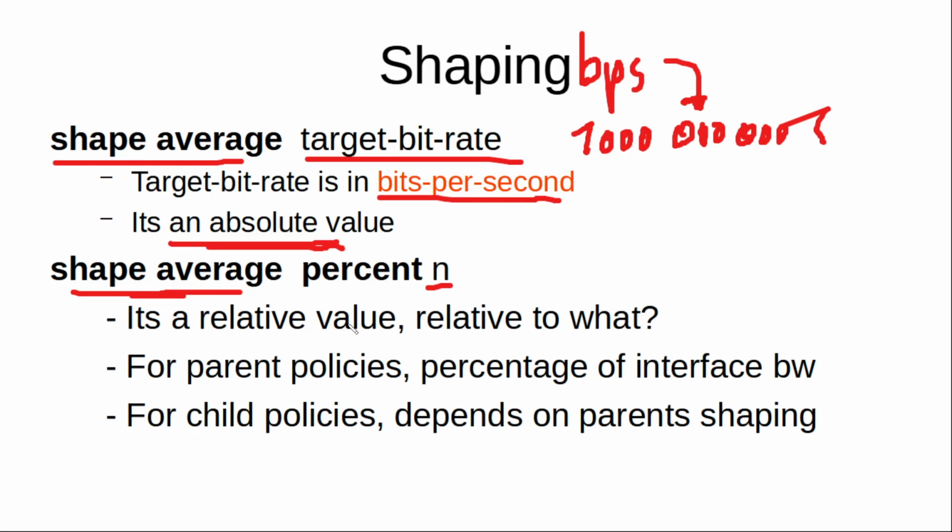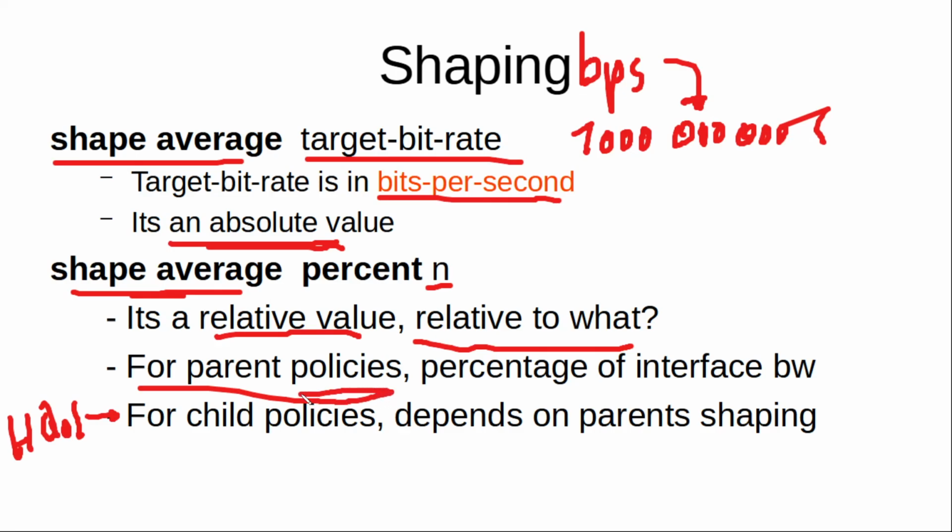So this is actually a relative value, and the question is, relative to what value? In traditional shaping, using only one policy map, that means in the cases where we are not using HQoS, hierarchical quality of service, if we are using just a parent policy or a single policy, this percentage is the percentage of the interface bandwidth.